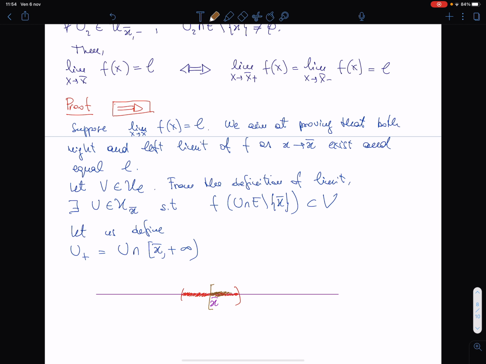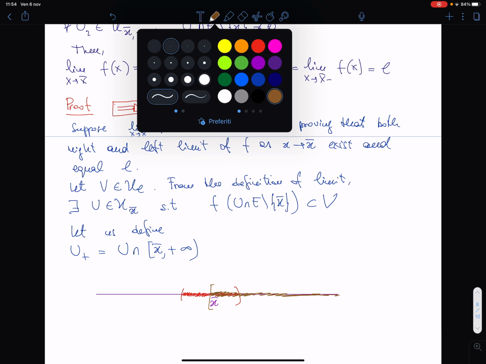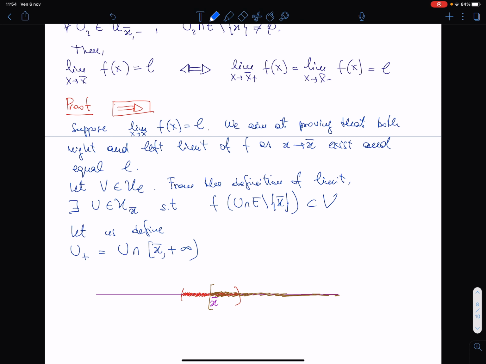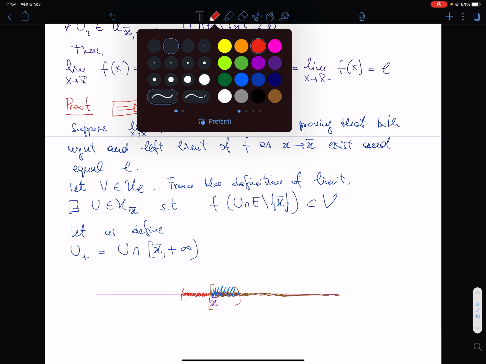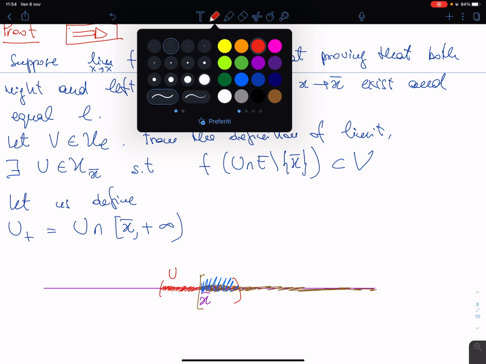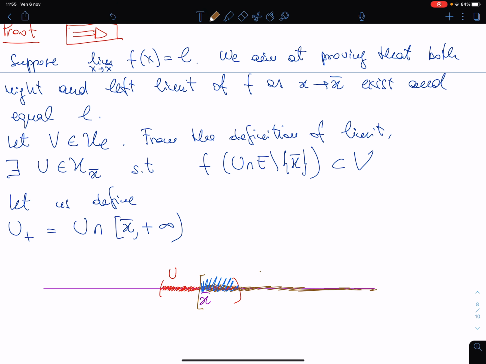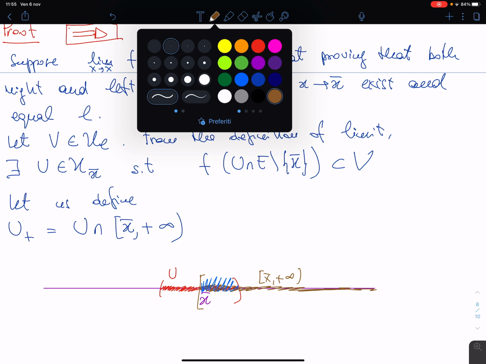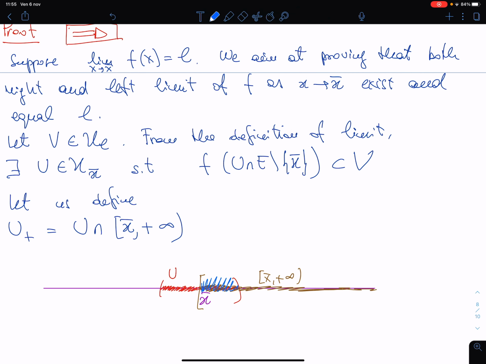So what we find here, this is the half line, and the intersection is this. So I specify the picture. The red set is U, the brown set is x bar plus infinity, so that the blue set at the end is U intersection x bar plus infinity.